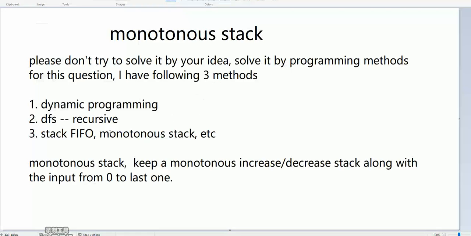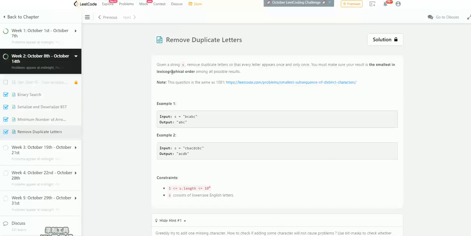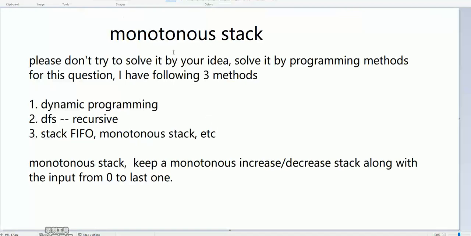So we should use a stack. Because it has a lexicographical order, this makes us think about the monotonic stack. That means we keep a monotonic increasing or decreasing stack along with the input from the first to the last.